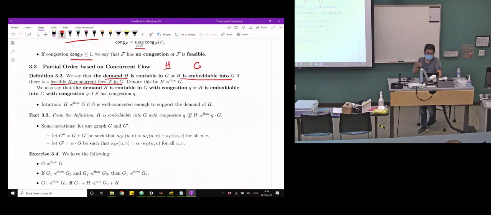A very natural way to talk about this. I will denote this by H being flow-wise less than G. Why? Because think of G as having big enough capacity, big enough so that you can embed H into G. So G is in some sense bigger than H, in the sense that you can embed H into G.